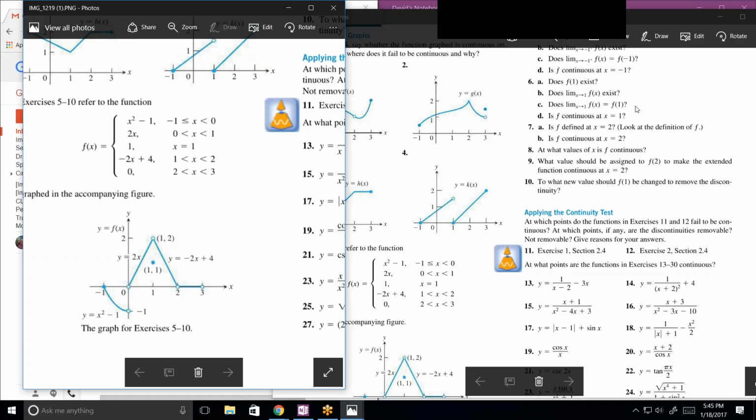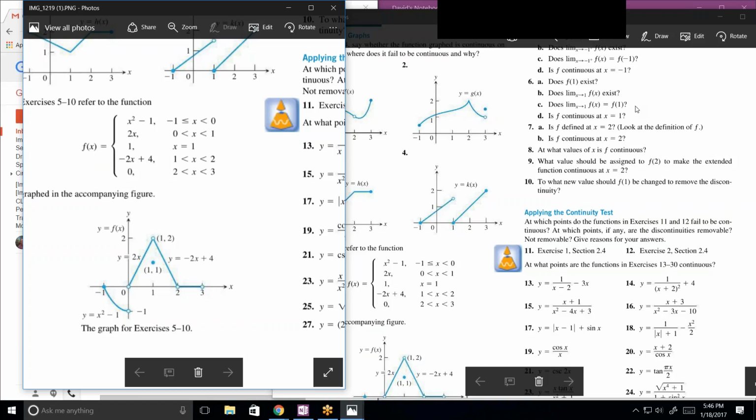6c, does the limit of the function as we approach 1 equal f of 1? What was the limit as we approached 1? Actually, it would be no, it's not equal. Right, because the limit as we approached 1 was 2.